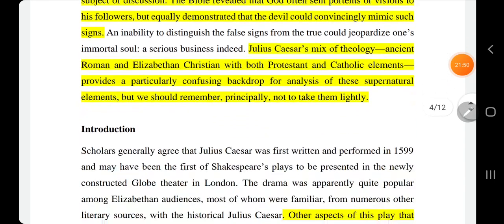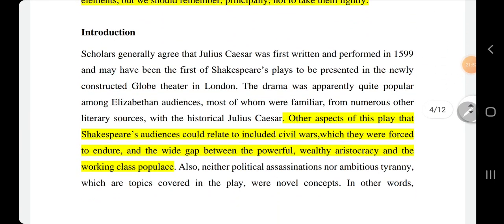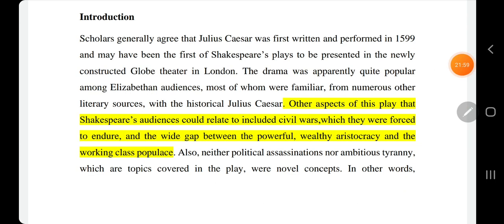So let's come to the introduction part of our play and have a little discussion about it. Scholars generally agree that Julius Caesar was first written and performed in 1599 and might have been the first of Shakespeare's plays to be performed in the Globe Theatre.